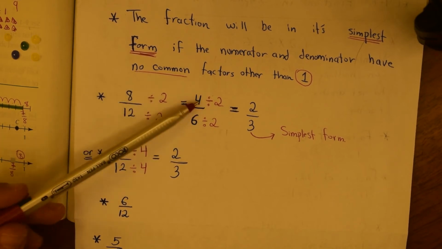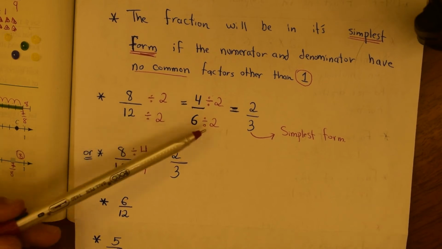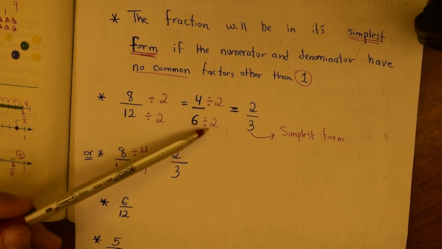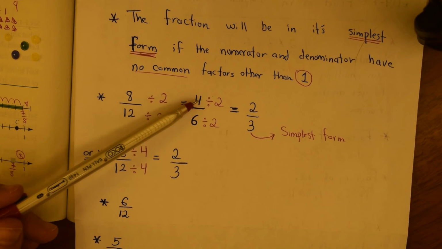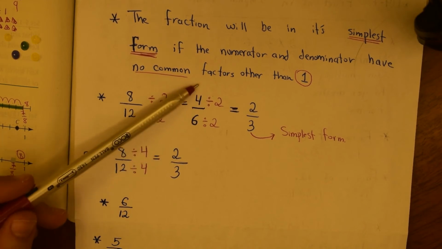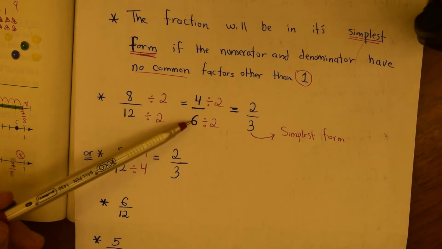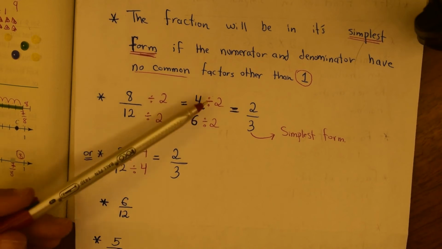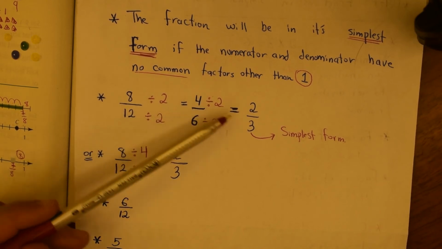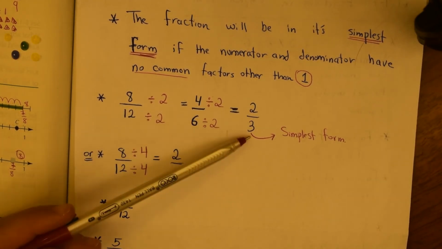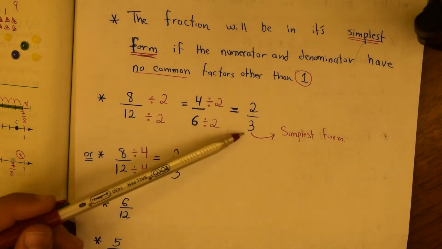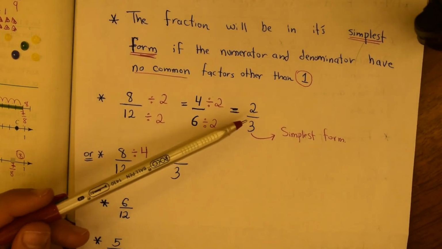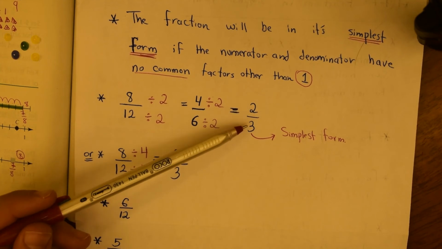8 divided by 2 equals 4. 12 divided by 2 equals 6. Now I have a new fraction. I will check, is it in its simplest form? No, because 4 and 6 are even numbers and I can divide both of them by 2. 4 divided by 2 equals 2 and 6 divided by 2 equals 3. Now for this fraction, I'll try to think about a common factor between 2 and 3.